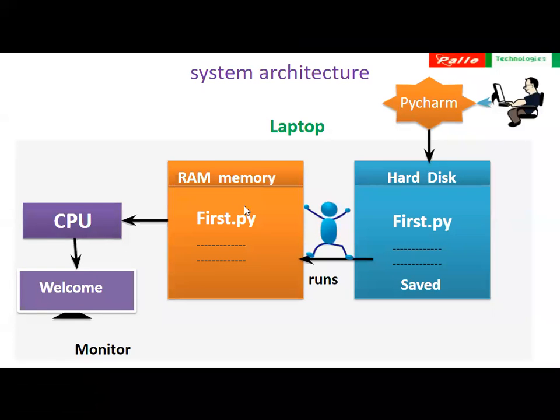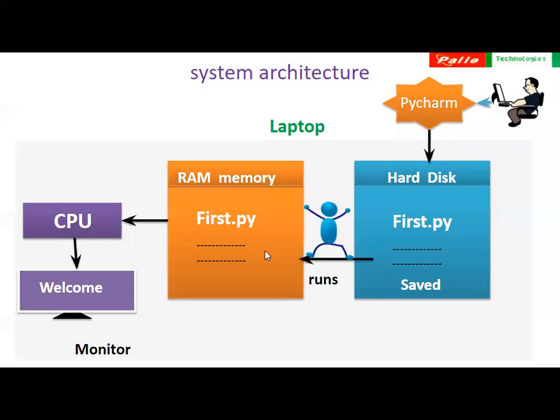Here you have to understand two differences. The first difference is related to speed. Which is fast memory? RAM. RAM will execute the program faster, so during execution your file will be copied to RAM. The second difference is about the storage. RAM is temporary storage, hard disk is permanent storage.